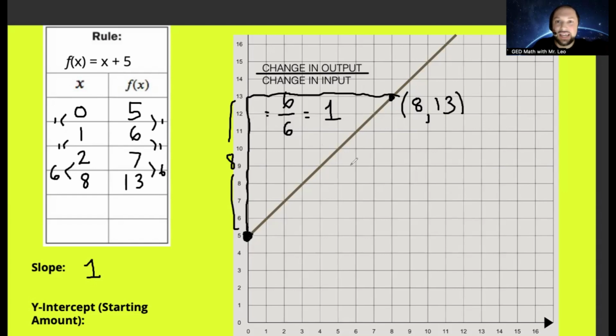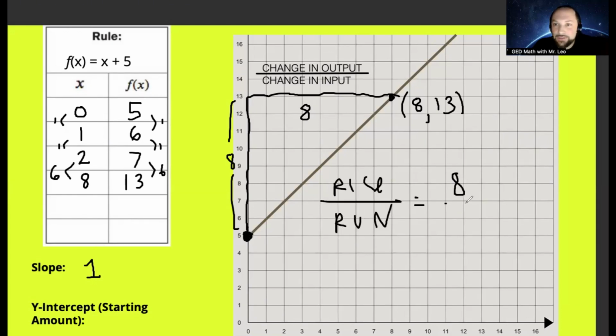That is a run of 8. So if we think of it as rise over run, that's 8 over 8. Let's simplify that. 8 divided by 8 is 1. So all of these different ways give us that same answer.